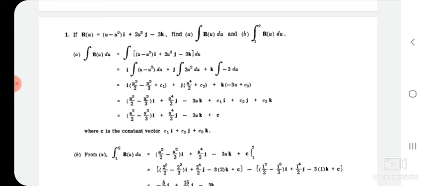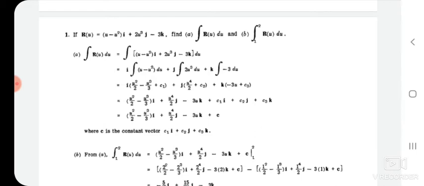If we combine all these constants, it becomes c, a constant vector equal to c1 i plus c2 j plus c3 k. In this way we can solve this integration.